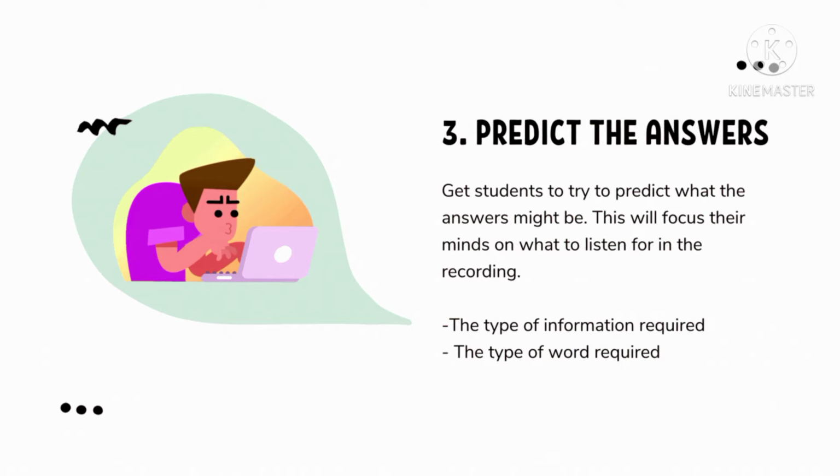The type of word required, for example, noun, adjective, verb. The answers to the form completion questions will generally be factual information, as listed in the first bullet above. Any clues you can obtain will help you understand the recording and identify the information needed for the answers.